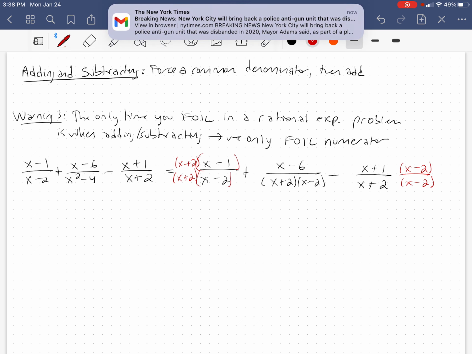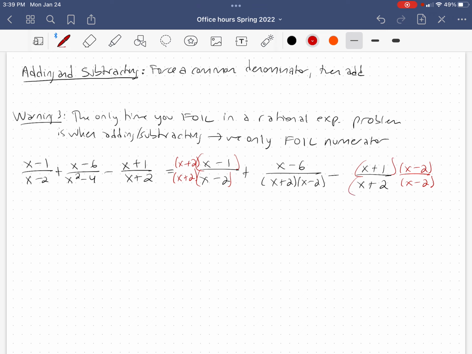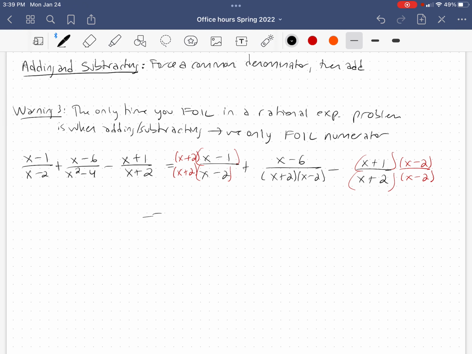Notice this also means we kind of have to add some parentheses, okay, to make sure everything will distribute correctly. So my denominator, okay, is going to be x plus 2, x minus 2. My numerator, okay, is this plus that minus that.